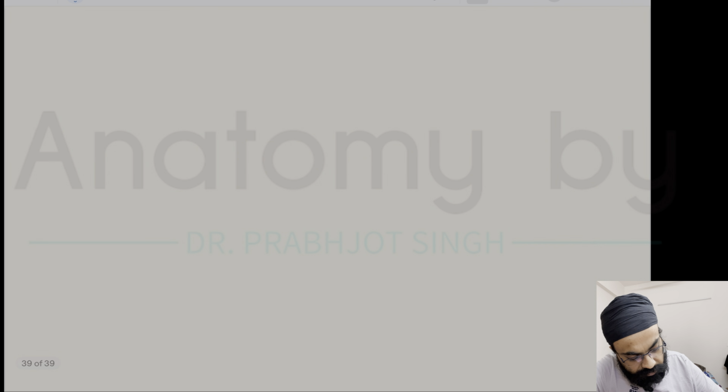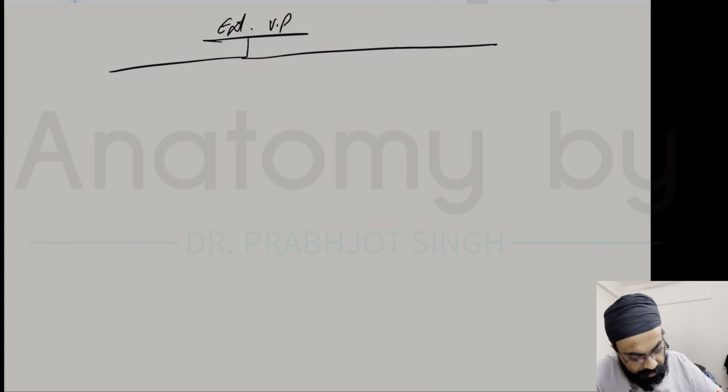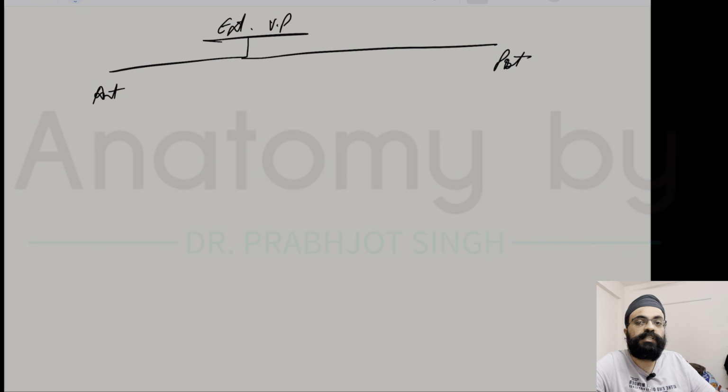Now you have the external venous plexus. The external venous plexus consists of two parts, the anterior and posterior. As we have seen, the anterior is the part that is basically draining the body, and the posterior is the part that is basically draining the vertebral arch.